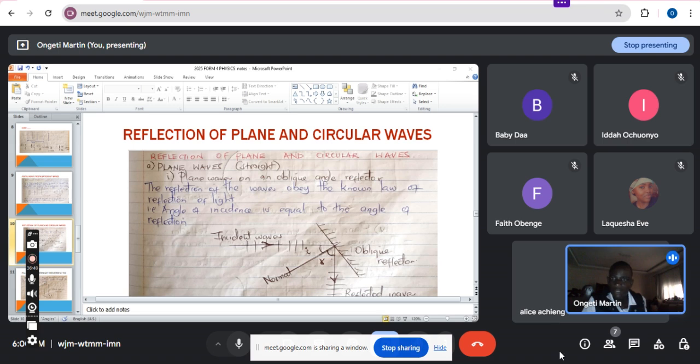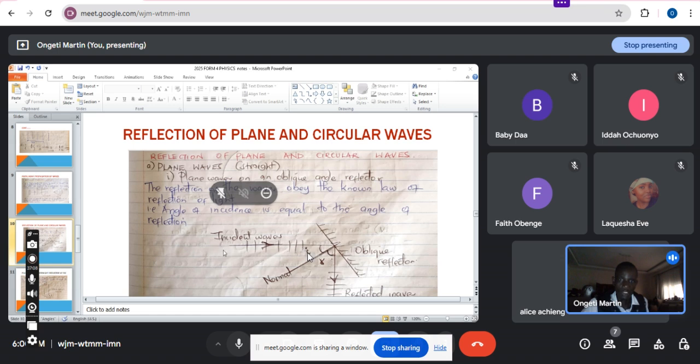Yes, Tiffany, continue. So we have Tiffany. We have talked about the plane waves on an oblique reflector. So you'll find that when the waves move, they normally move in a straight line, and there's this object which has been placed at an oblique angle. So when an object is placed this way, what normally happens is that the incident wave gets reflected such that the angle of incidence is equal to the angle of reflection.